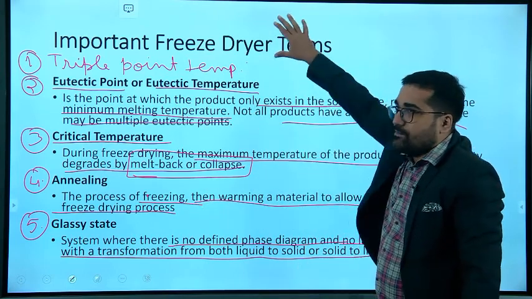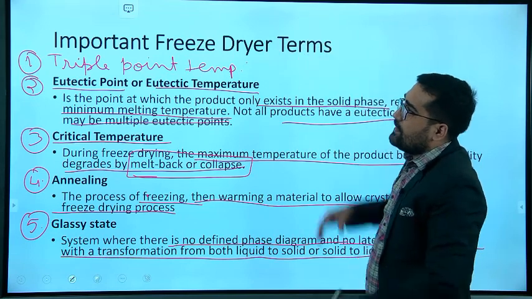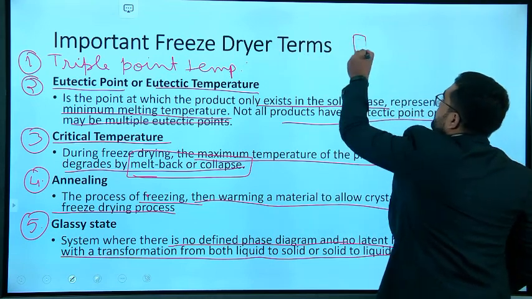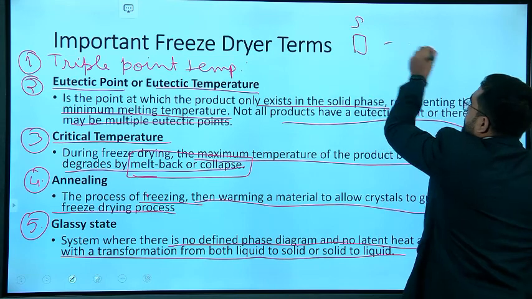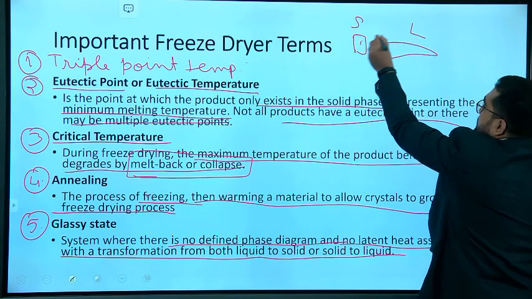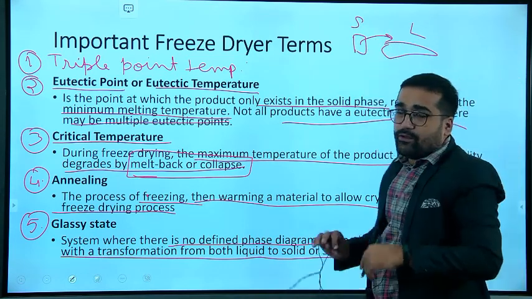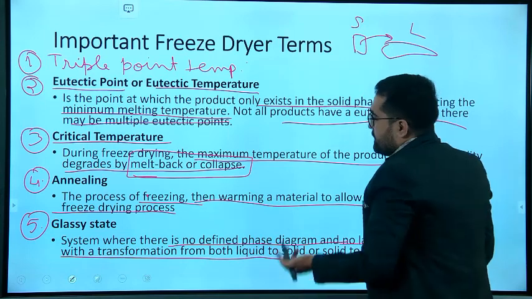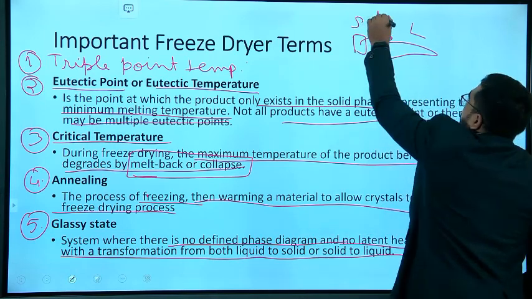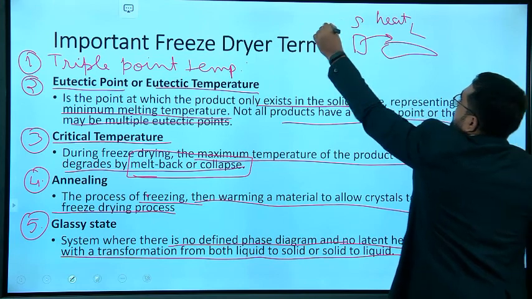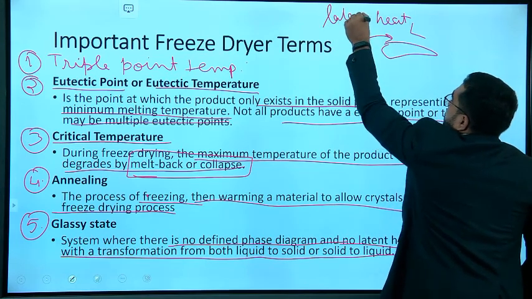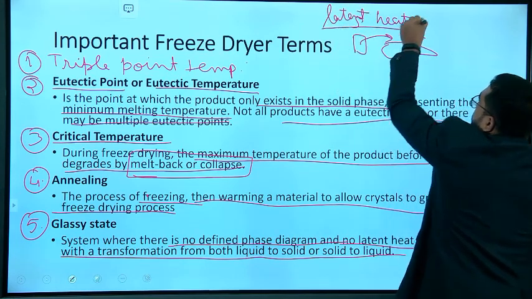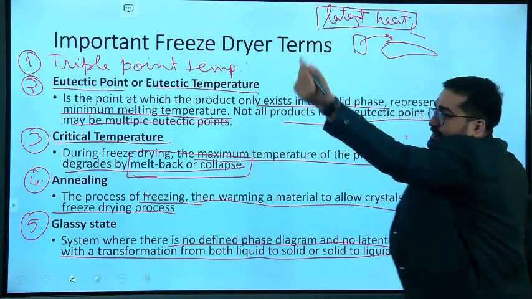From solid to liquid, when it is converting, what happens in this stage? There is no increase in the temperature, but there is a certain heat involved, which we know as latent heat. There are 2 types of heat, sensible heat and latent heat.